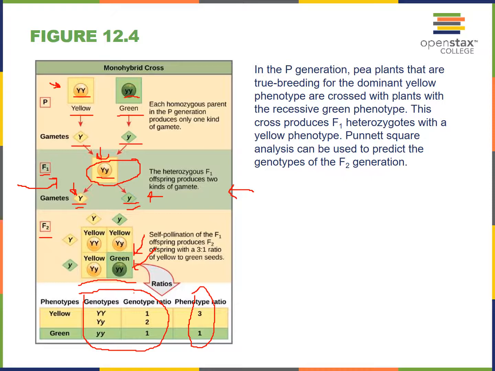So a dominant trait is a trait where if you have at least one copy of it, that's the phenotype that you see. So if you have at least one copy of the dominant allele, that is the phenotype you see. So any heterozygotes with complete dominance, you see the dominant allele.